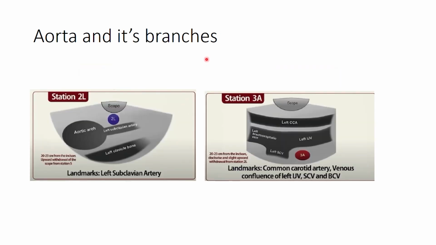So next comes the aorta and its branches. As the aorta branches into the left subclavian and left common carotid, near the left subclavian we will be having station 2L, and distant from the left common carotid we will be having station 3A, and we will not be able to see the brachiocephalic because of the trachea in between.